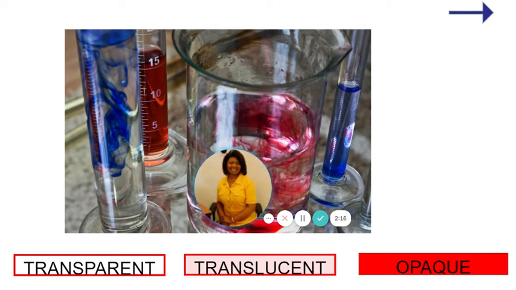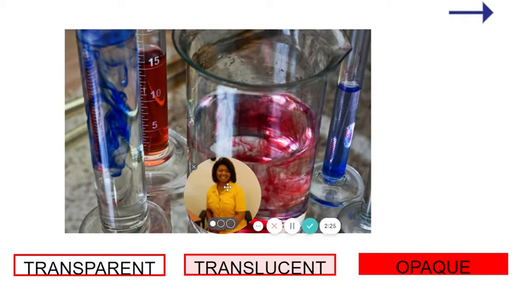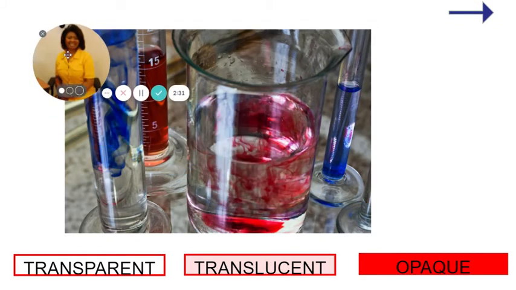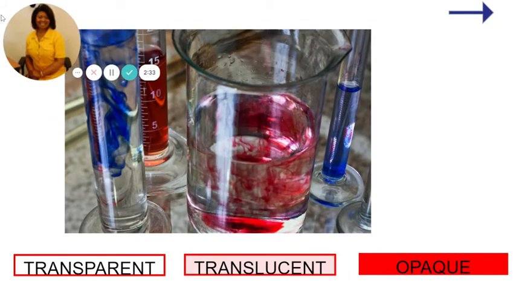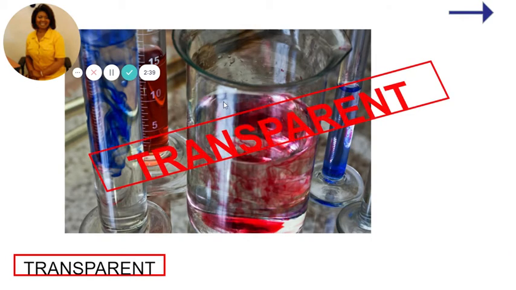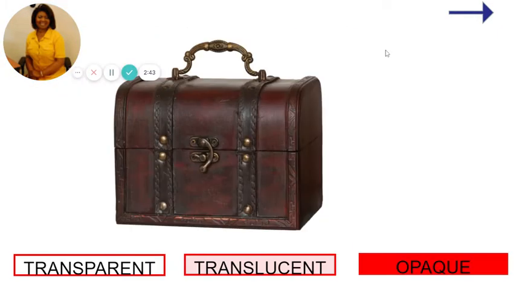Translucent means that you can see some of the light, and opaque means that you cannot see clearly at all. That it blocks the light. This is not translucent, not opaque, but transparent. We can see through it.